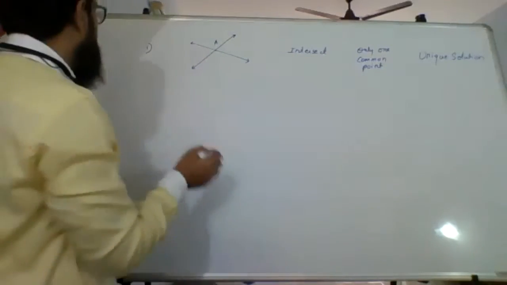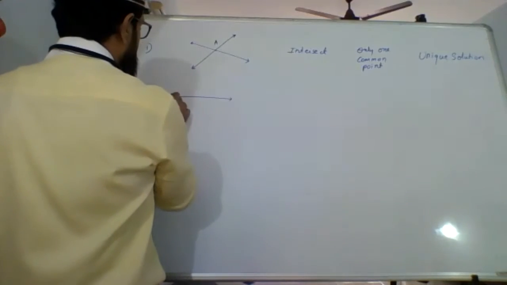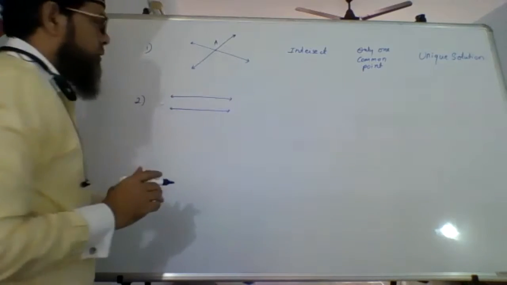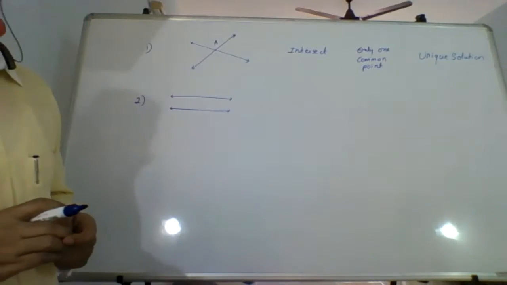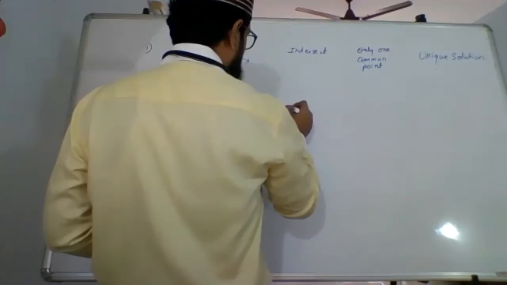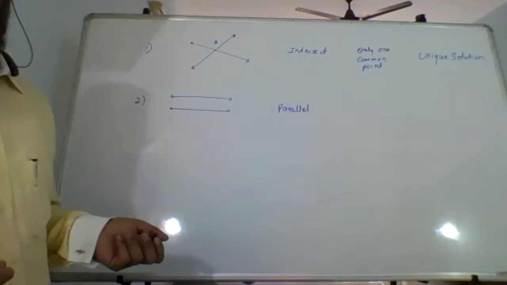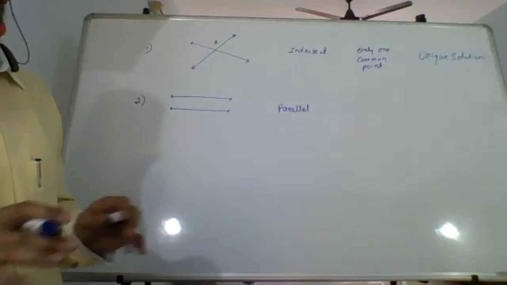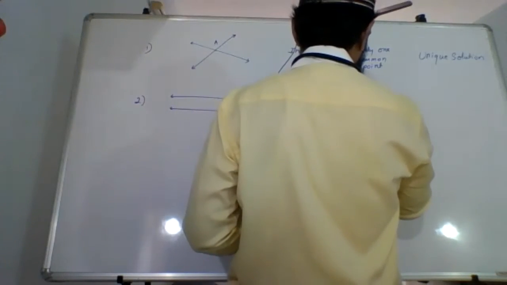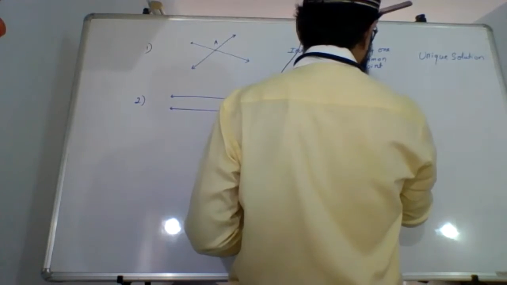Then it's possible that the lines run parallel to each other. If they're parallel, obviously they'll not have any common point.